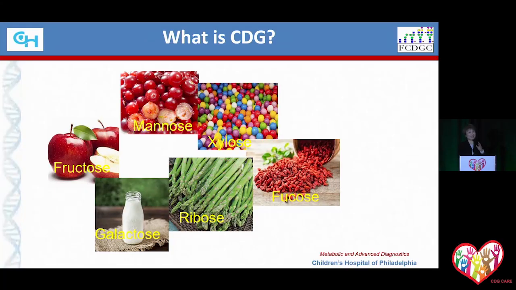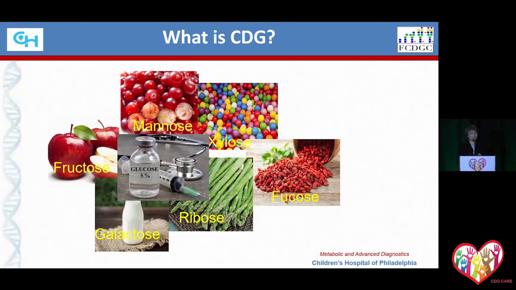Of course, tell a story. So what is CDG? Every day we live with many different sugars, to name a few: fructose, mannose, xylose, fucose, ribose, galactose. We heard about essential amino acids, we heard about essential fatty acids, but we never heard about essential sugar.